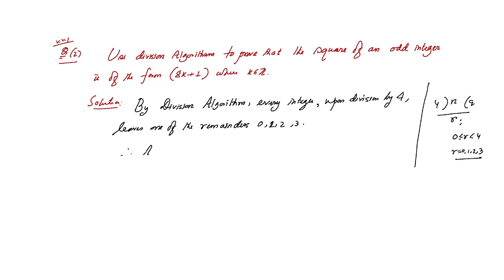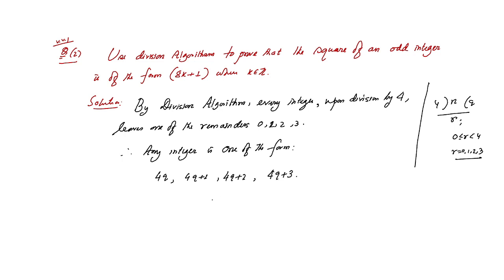So therefore, any integer is of one of the forms. It may be 4q if the remainder is 0. It may be 4q plus 1 if the remainder is 1. It will be 4q plus 2 if the remainder is 2. Or it may be 4q plus 3.